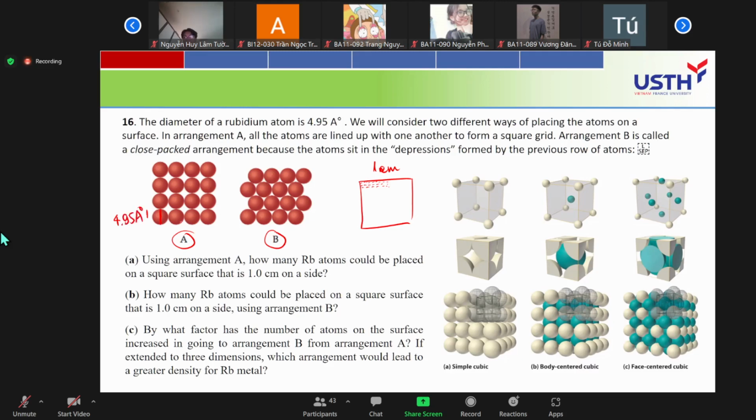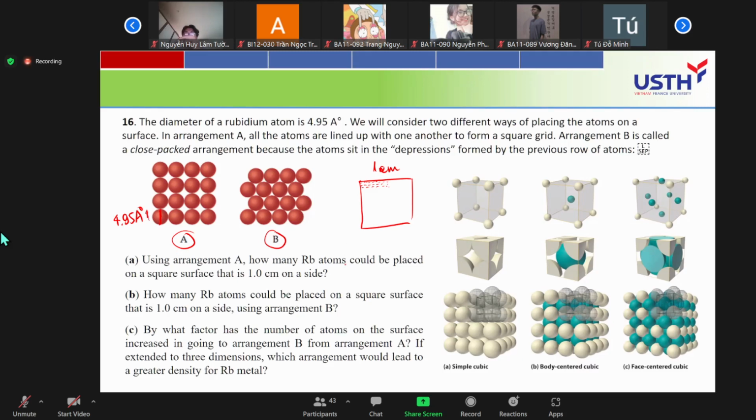When you set the atom on the corner of the square and then arrange the others on two sides, you will have the number of rubidium atoms in arrangement A.